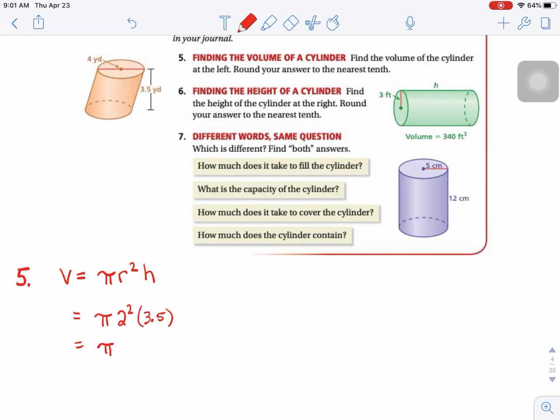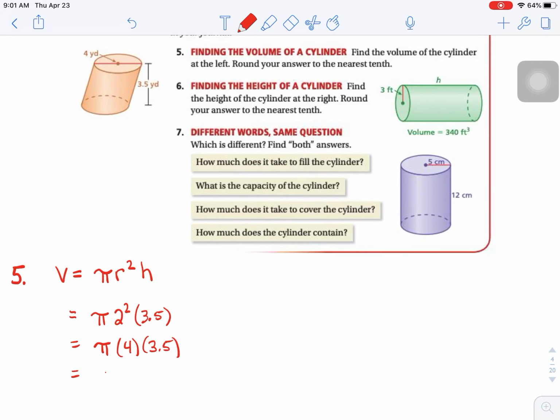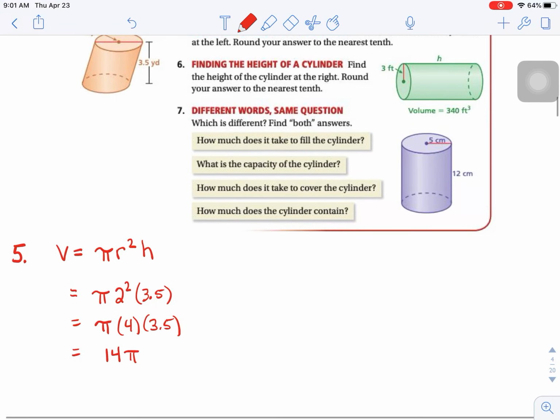So I get pi times 4 times 3.5, which if I multiply my two constants there, 4 and 3.5, I get 14 pi. And then if I multiplied that out, I would get about 44 yards cubed.